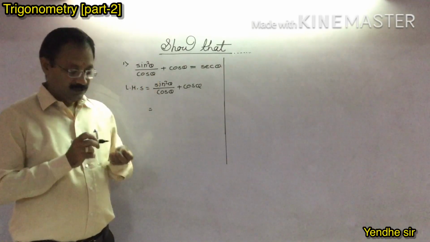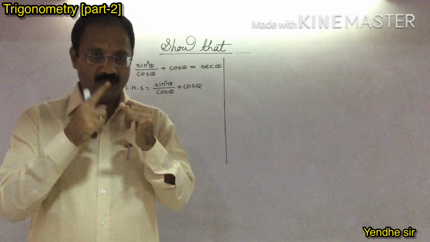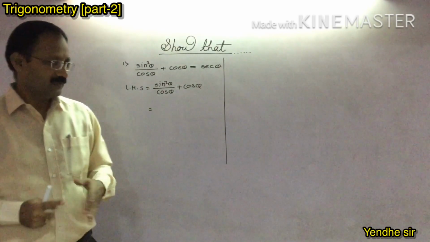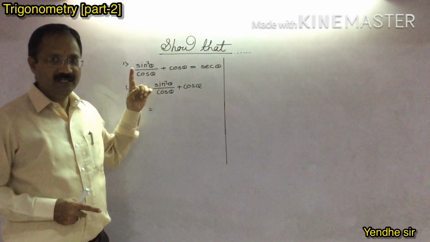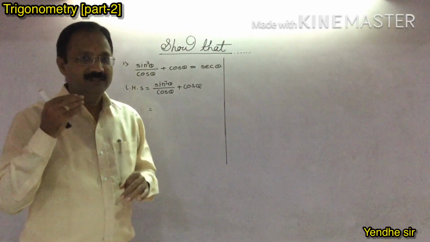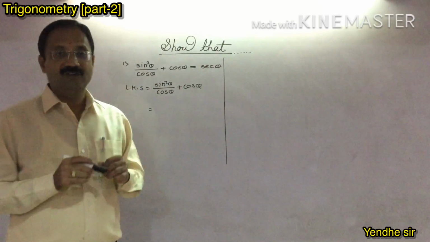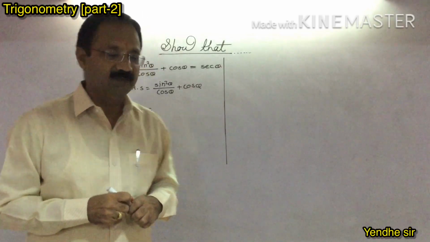Then second rule, write the formulas of tan theta, cot theta, sec theta and cosec theta. There is no tan theta, cot theta, sec theta or cosec theta, so I am not going to write any formula. Then rule number 3: if the denominators are not the same, then you have to cross multiply.